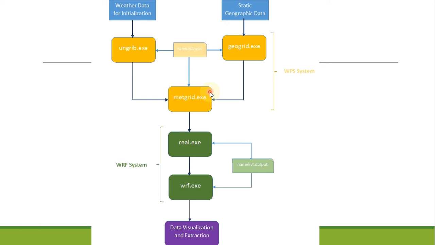Metgrid.exe horizontally interpolates the intermediate format meteorological data extracted by ungrib.exe to the simulation domains defined by geogrid.exe. The custom run can be controlled using the namelist.wps file.